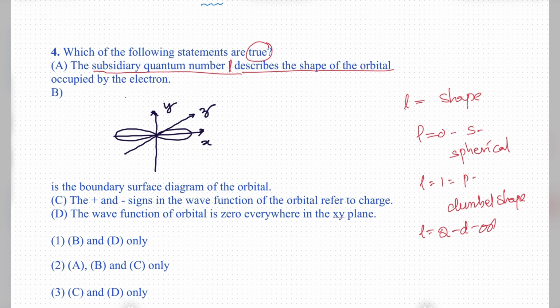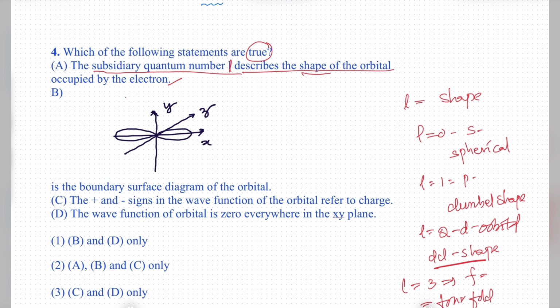That is d orbital, double dumbbell shape. And f orbital, L is equal to 3, right? That is f orbital, four-fold geometry. Like this, with all the L values we can describe the shape of the orbital. That is right. The first point is right.